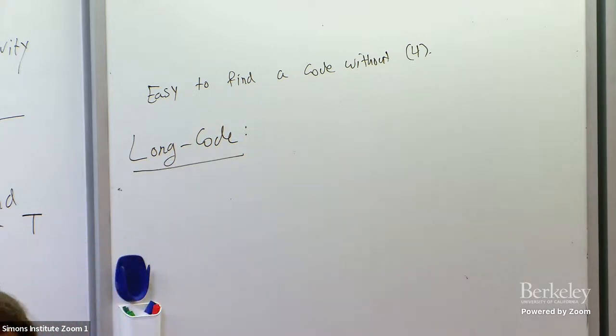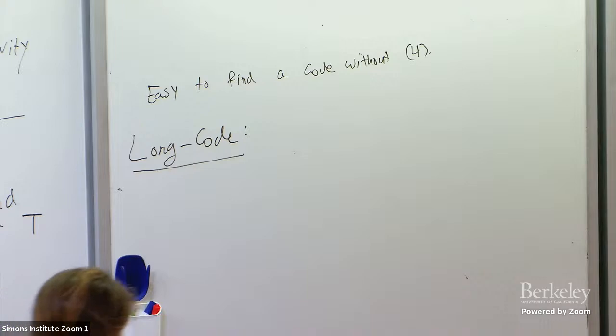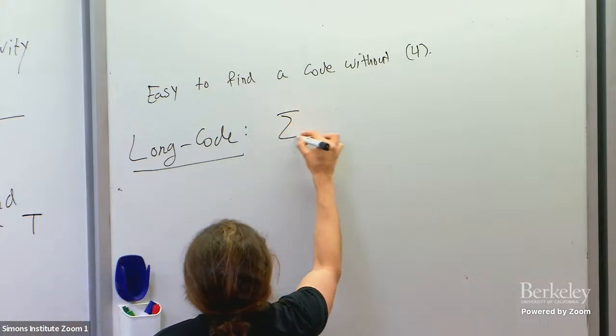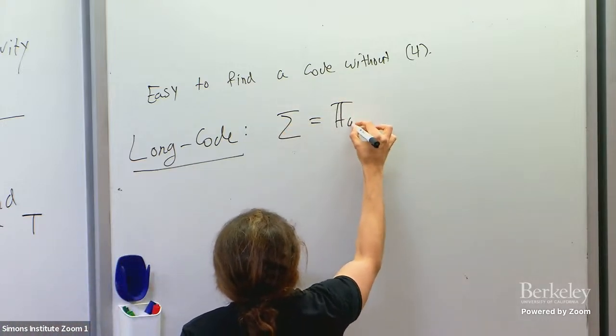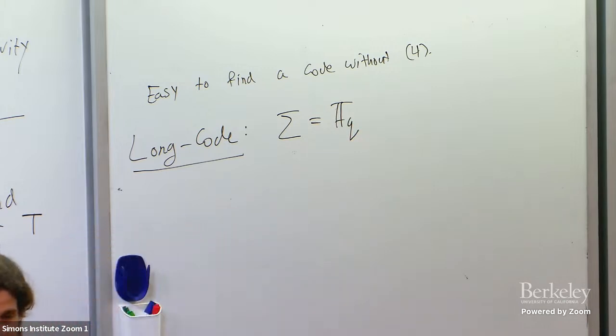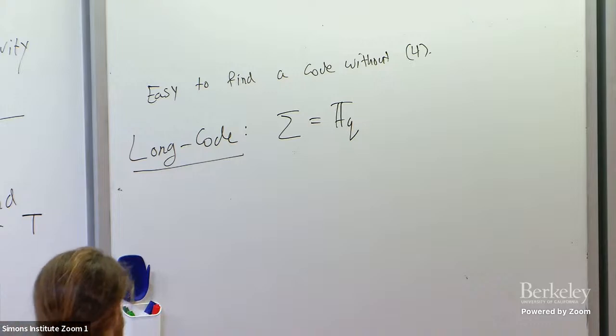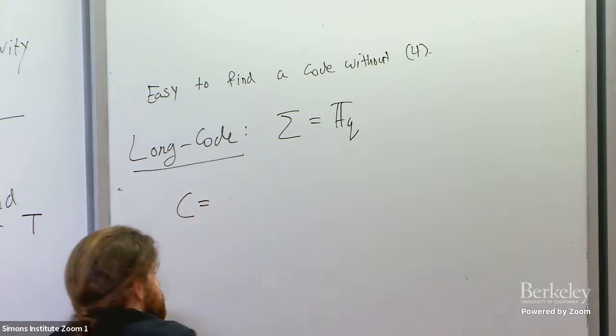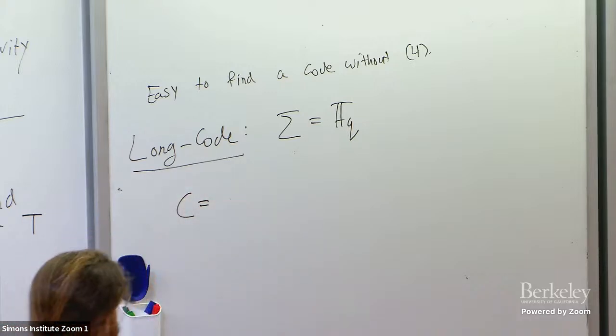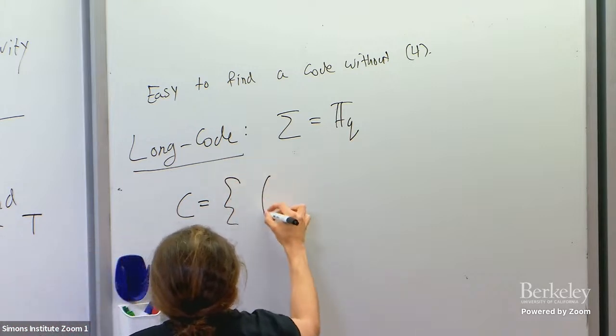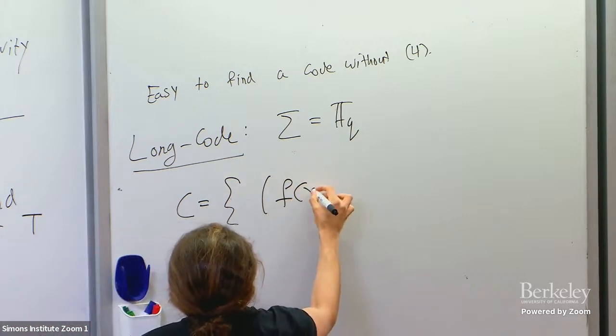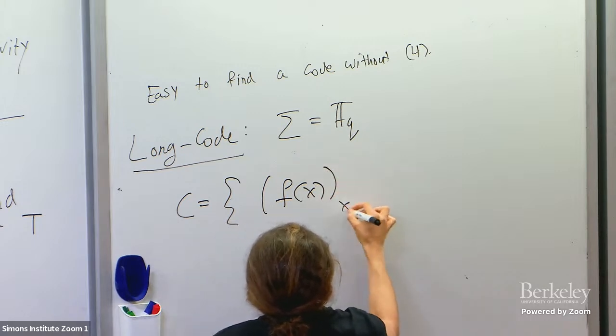So in this setting, the alphabet sigma is some large finite field F_q. Think of q as constant, but as a large constant, a million or something. And your code C is going to be only dictators. So code C consists of all of the strings which are evaluations of functions on F_q^n.